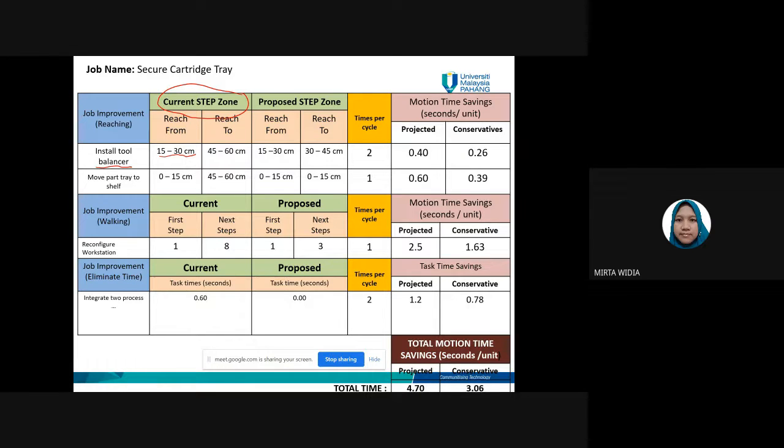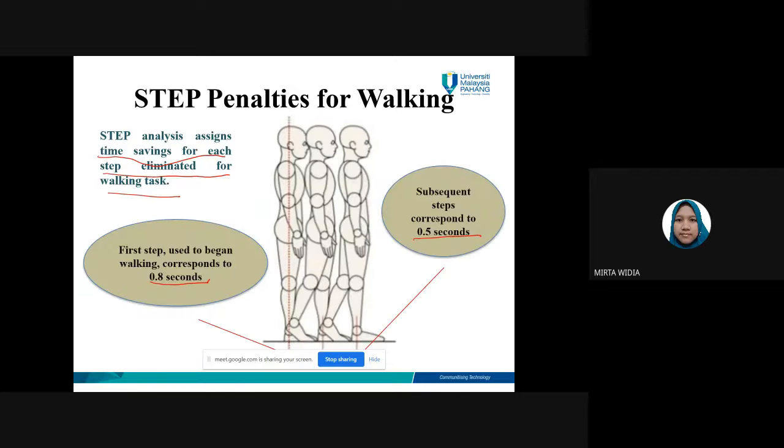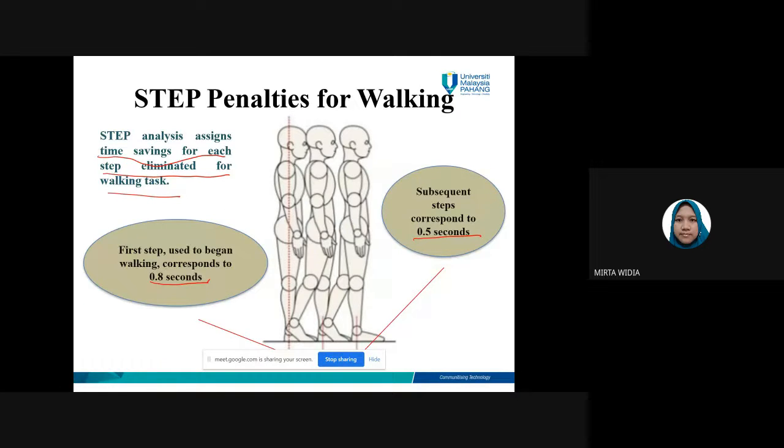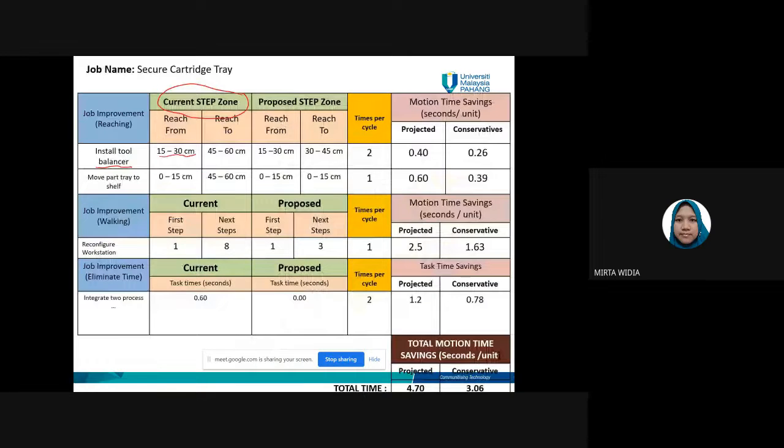Let's look at the penalty for 15 to 30 centimeter: 0.4.